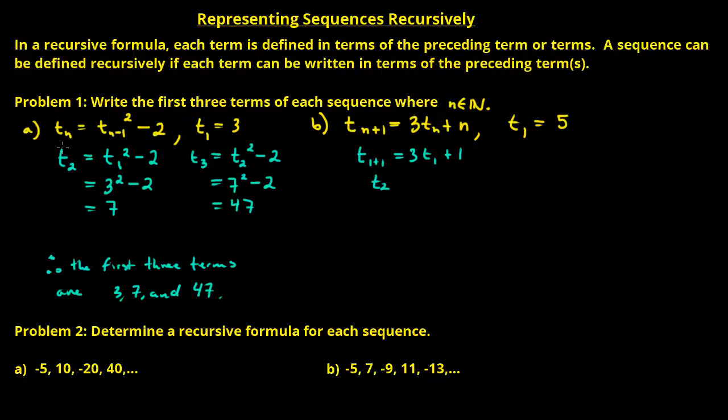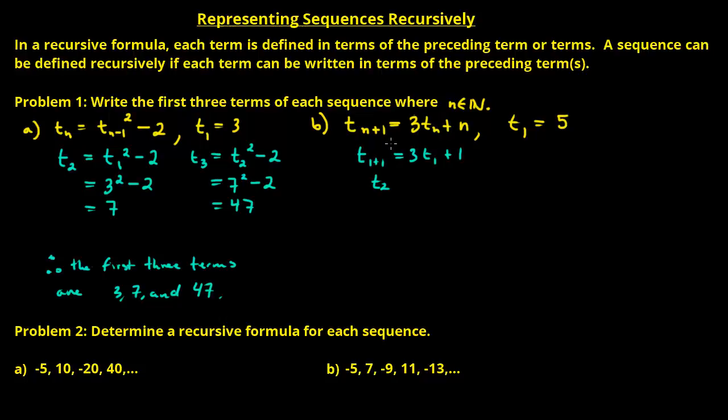So here, notice that the term numbers are a little bit different. Here I've got t sub n is equal to t sub n minus 1 squared minus 2. And here I've got t sub n plus 1 is equal to 3 times t sub n plus n.